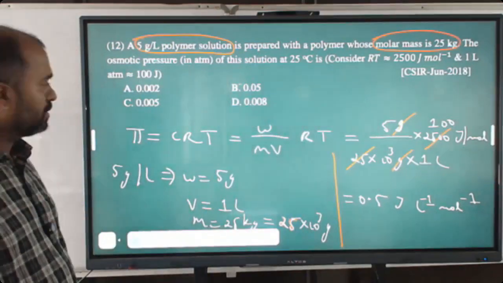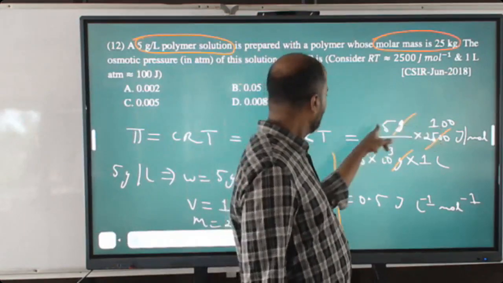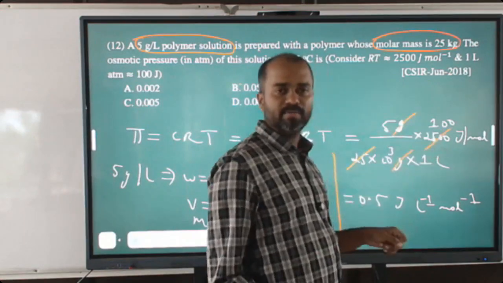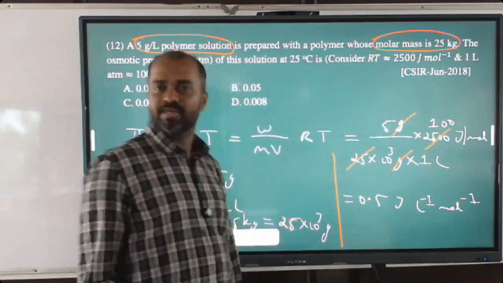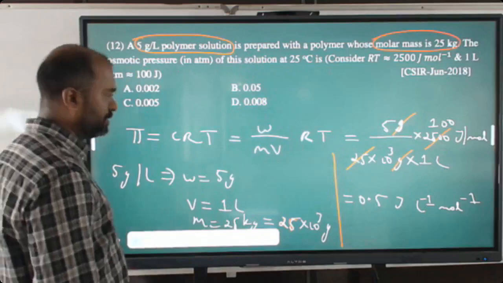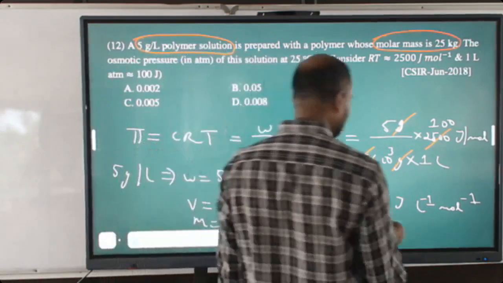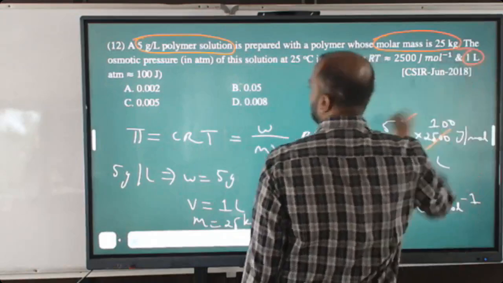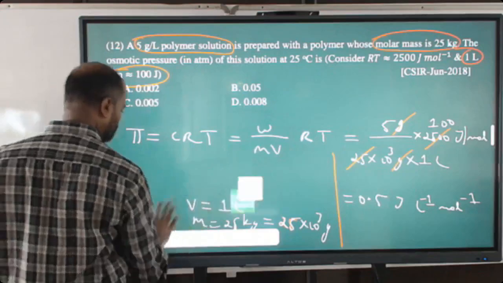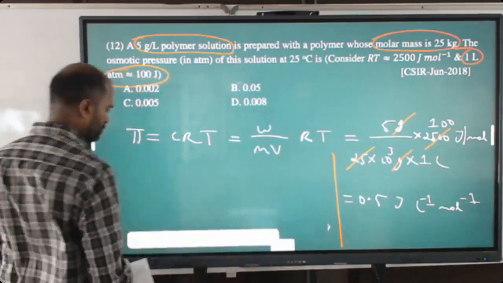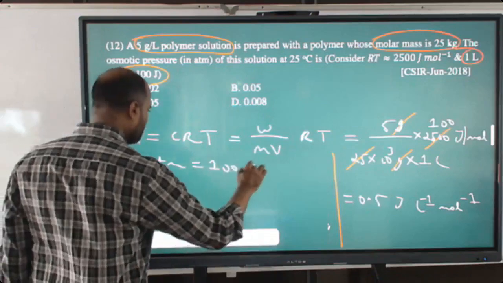Now for the joule: 1 liter atmosphere is equal to 100 joule.